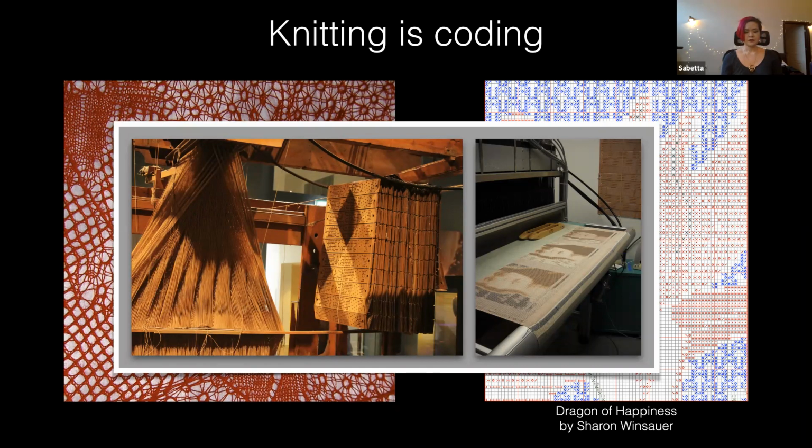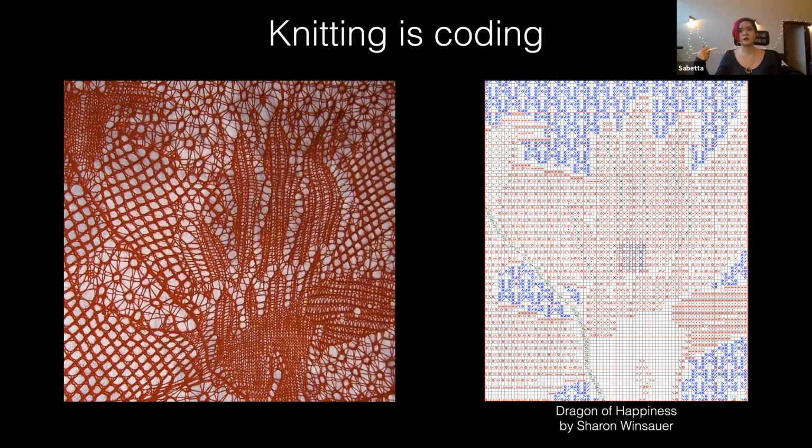So in one sense, knitting is coding in the same way, but it's much more than a binary language. As I said, in this structure we can have words that are 1 pixel by 1 pixel, but we can also have words that stretch across many pixels laterally or many pixels vertically.